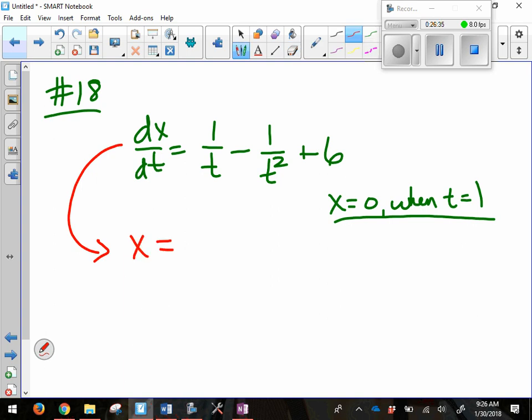So what has a derivative of 1 over t? ln of t. You might want to write this one as t to the negative 2 because it's a power. So what's the antiderivative of t to the negative 2 going to be? t to the negative 1 over negative 1.